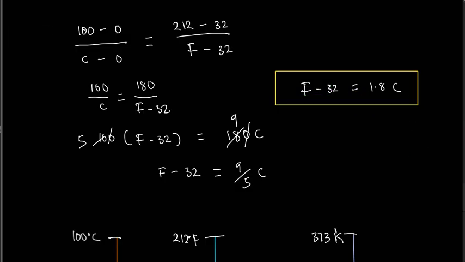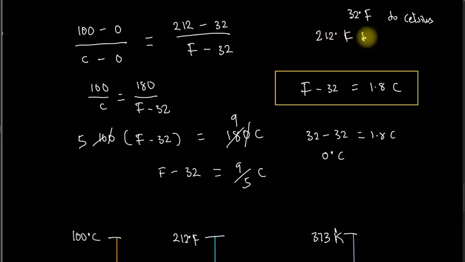So for example, we are asked to convert 32 degrees. Let's take a known conversion: 32 degrees Fahrenheit, convert it to Celsius. How are you going to go about it? In place of F, I'm going to write 32. So 32 minus 32 is equal to 1.8 C. This is 0, right? So 0 Celsius. Let's take another known, 212, for example. Convert 212 degrees Fahrenheit to Celsius.